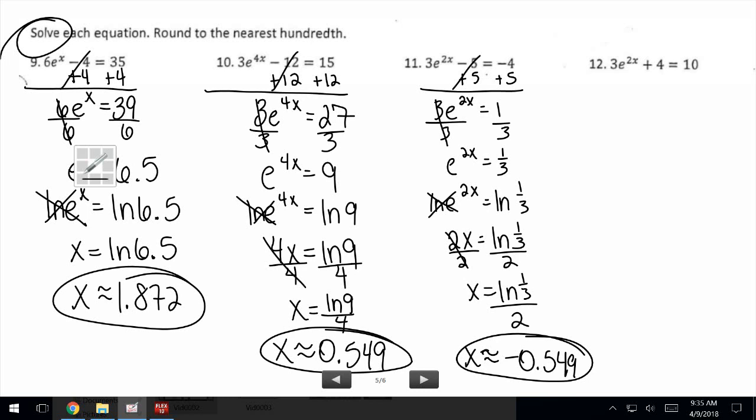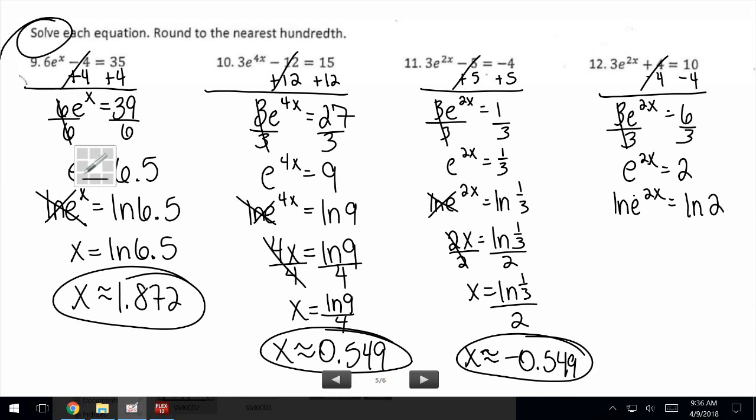Let's look at 4. Some of us are making the same mistake. Okay, right here. This is where y'all make a mistake.